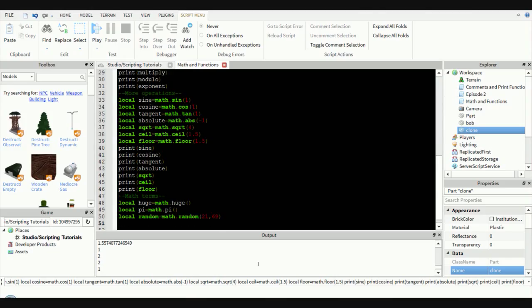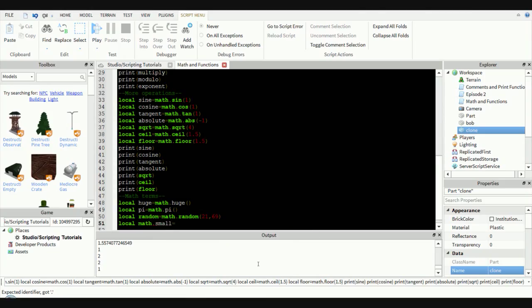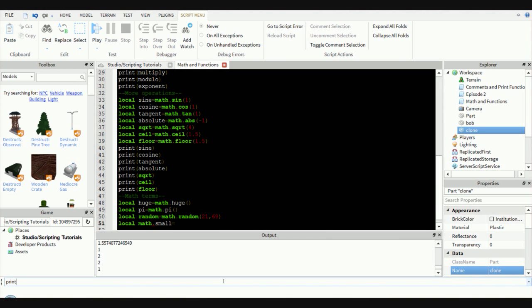And then I'm just going to make my own math term, math.small equals... wait, I don't think we can do that. Wait, is there a table called math? Let's try that out. Print math. Yeah, it's a table.